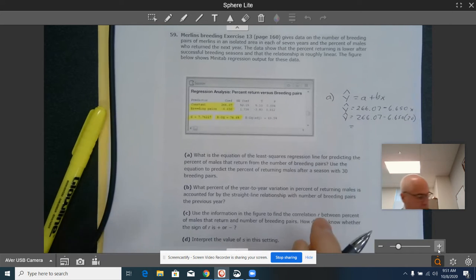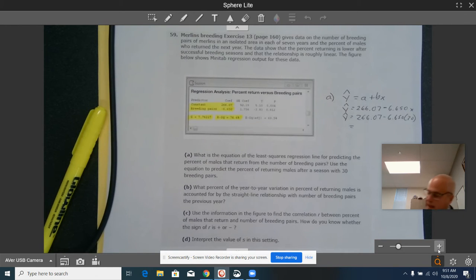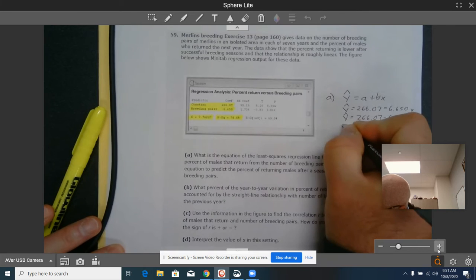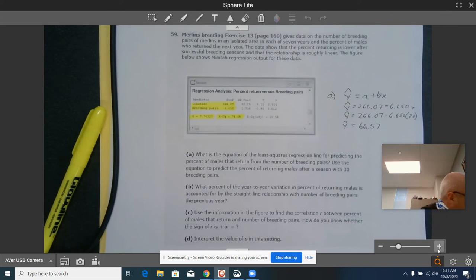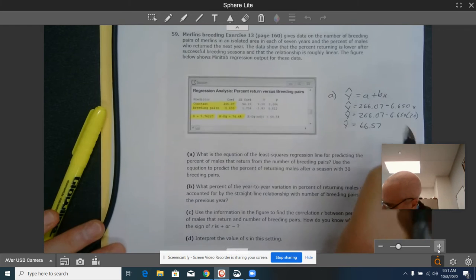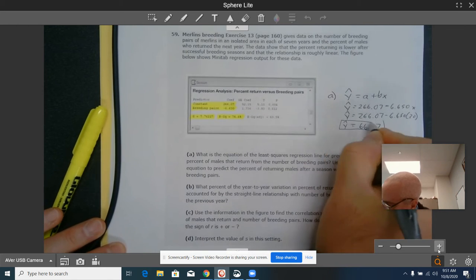I'm cheating, going right to the answer book. In the answer book, when x is 30, y hat equals 66.57. I want to double check that. Yep, good. So there's the answer to part A.